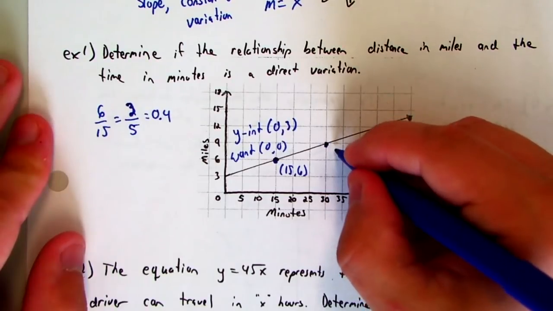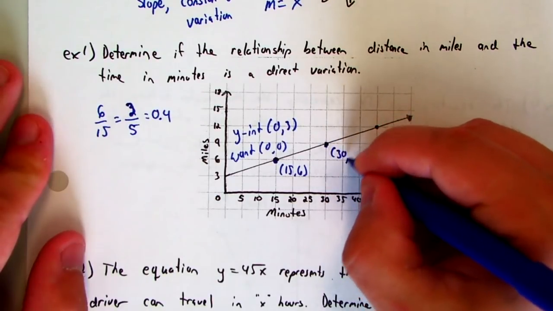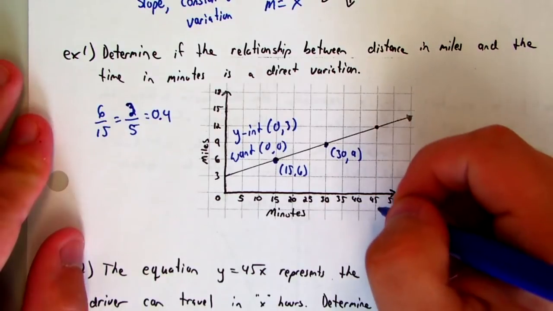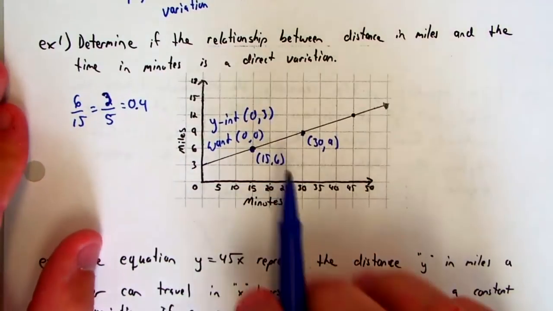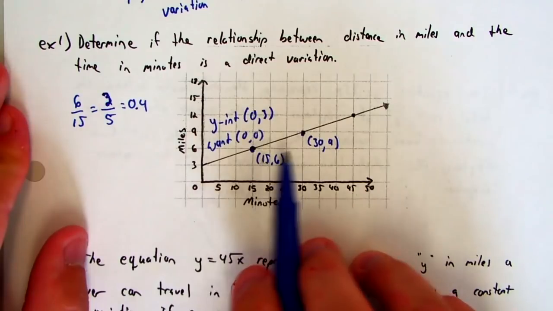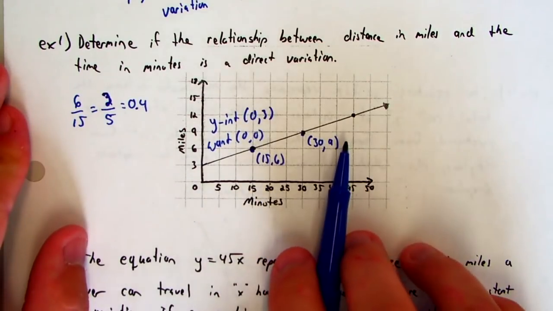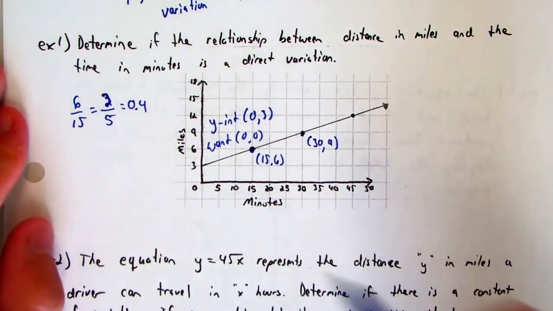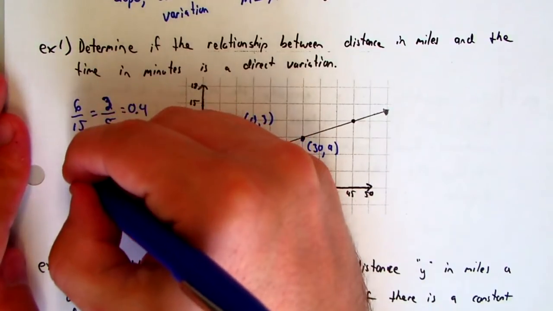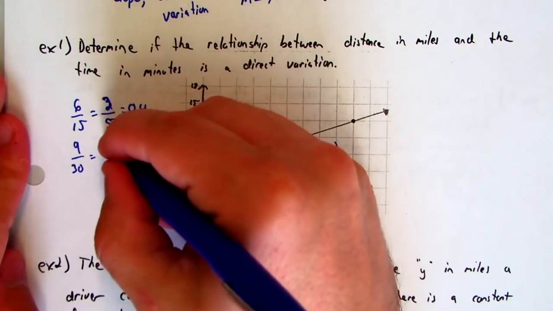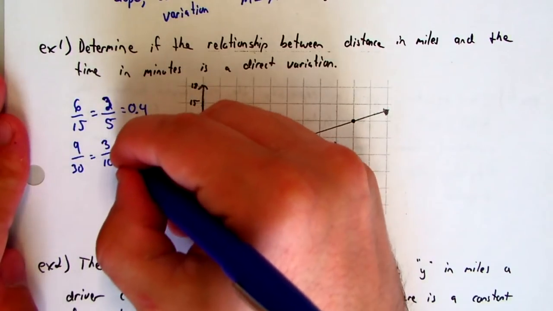This is going to be 30 and 9. You should see here that if we double the x, we should also be doubling the y, which we don't. But 9 over 30 is the same as 3 over 10, which is 0.3.